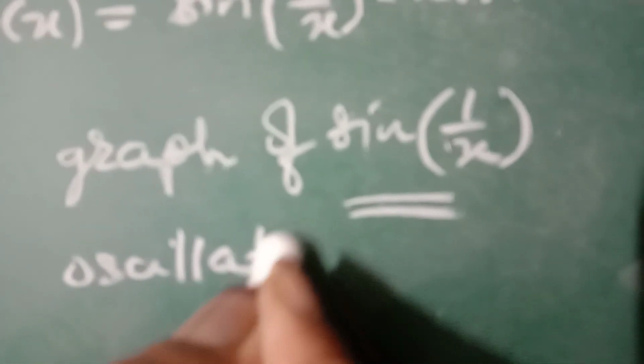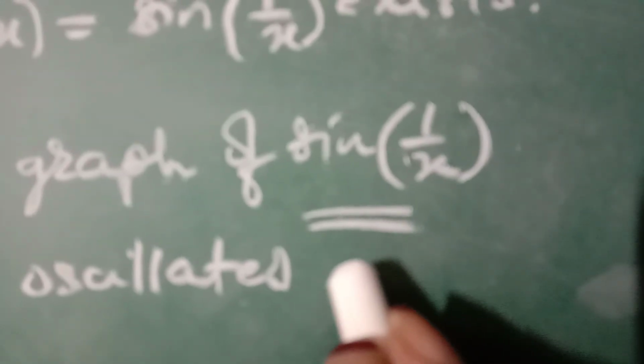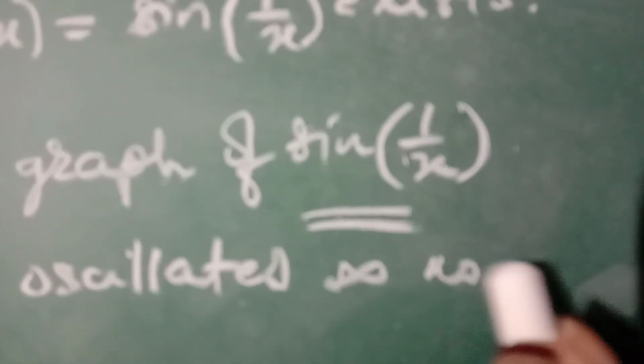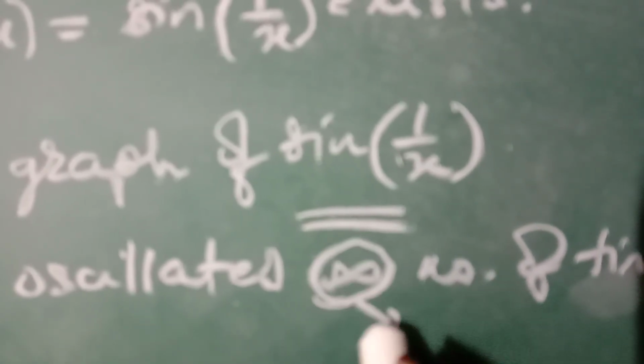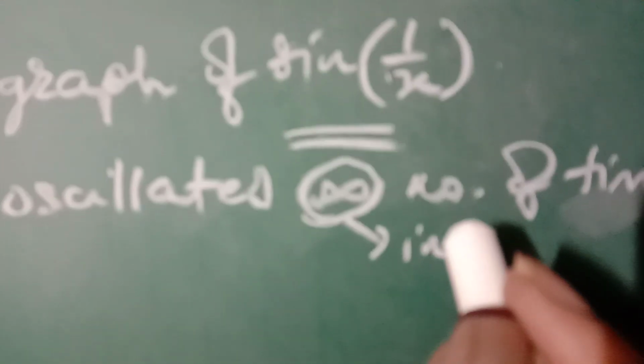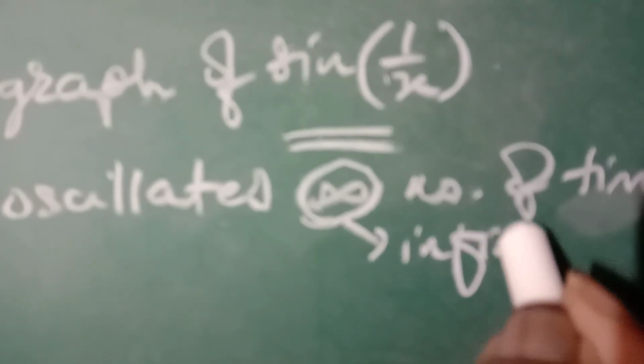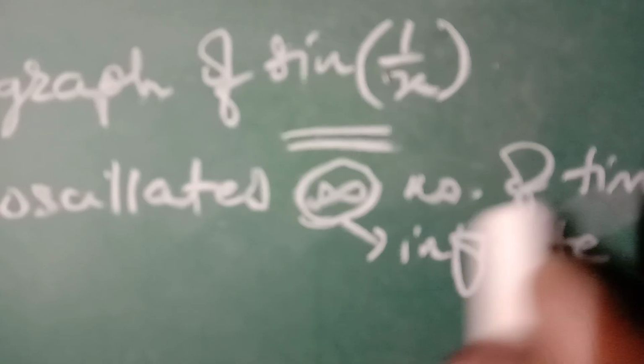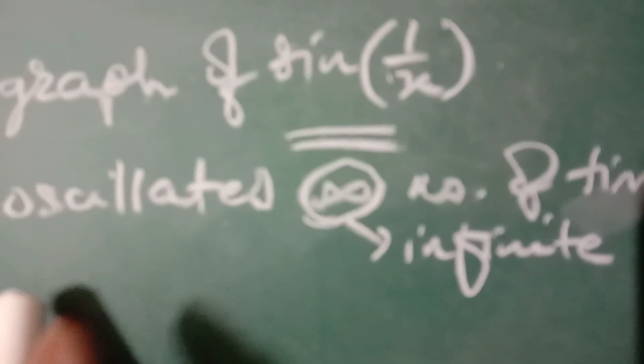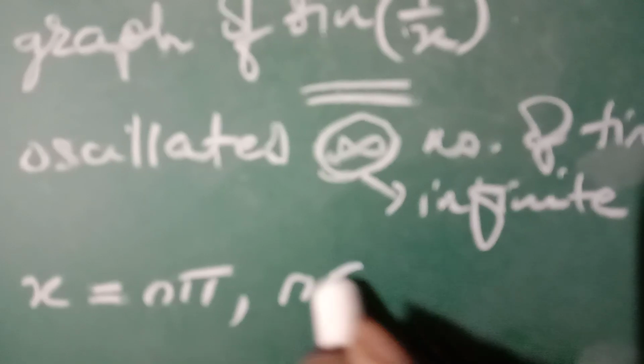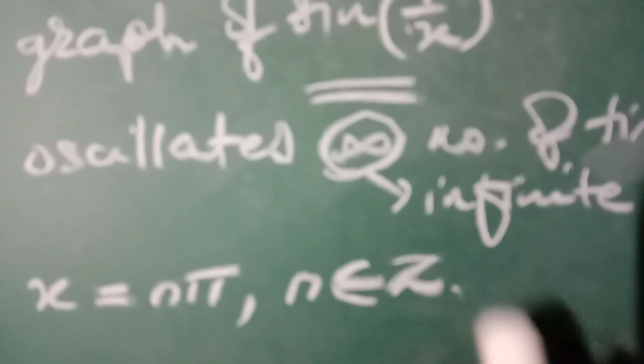It oscillates infinite number of times. I'm just using the symbol infinity over here, but what I'm trying to say is infinite number of times. And where does it oscillate? At x is equal to n pi, where n belongs to Z.